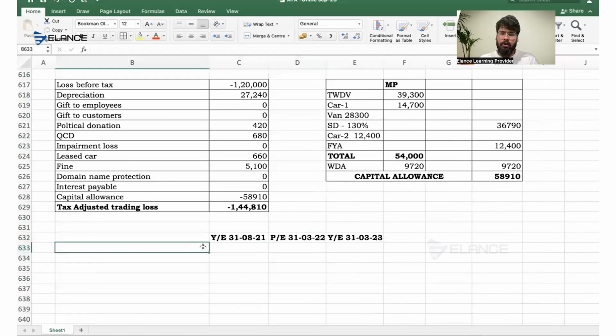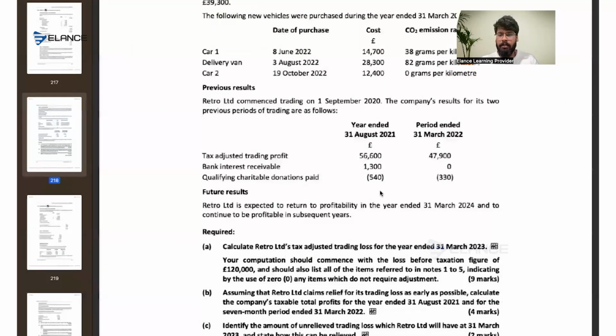Okay, so we are given the previous two accounting periods' results here. The very previous accounting period was made for 7 months, September, October, November, December, January, and so on. And this first accounting period was made for 12 months.